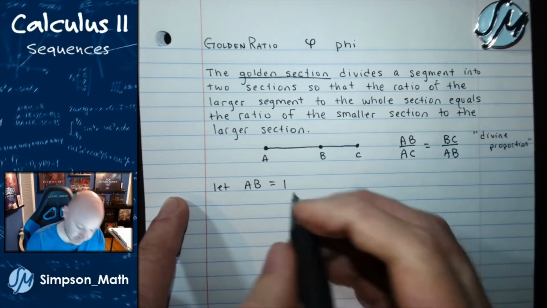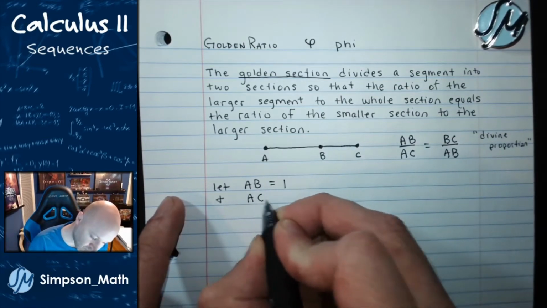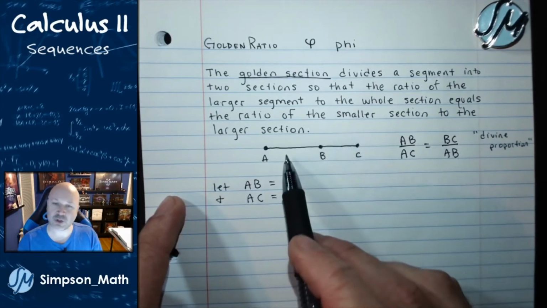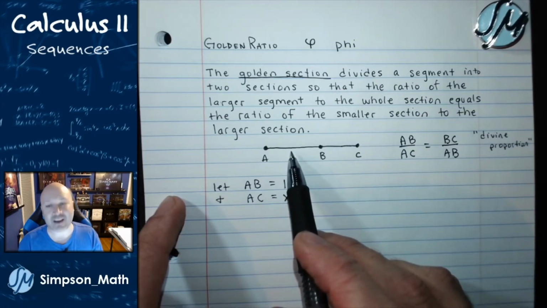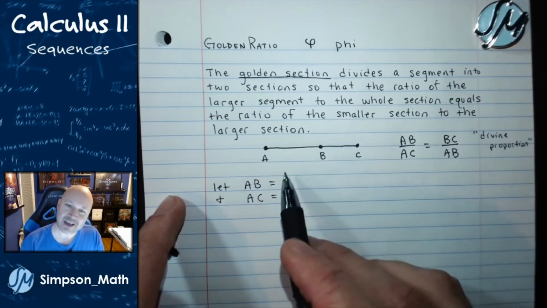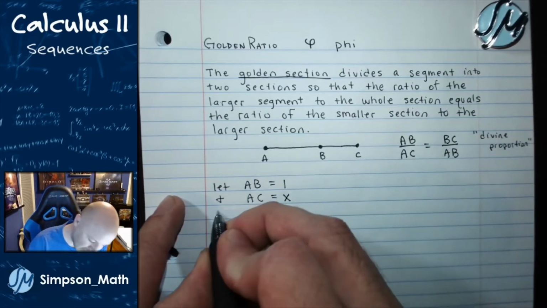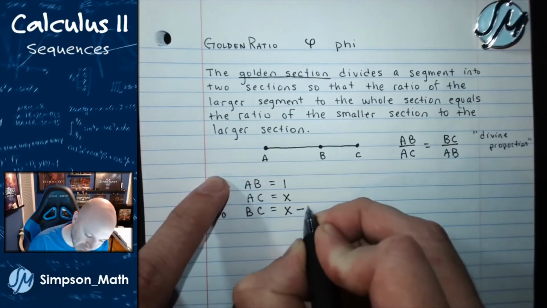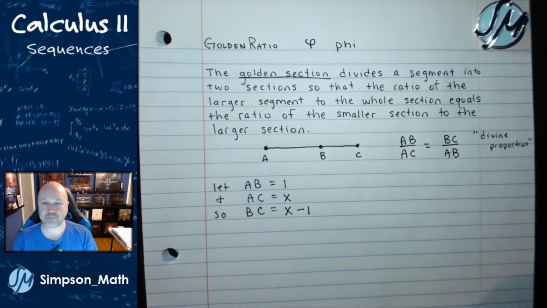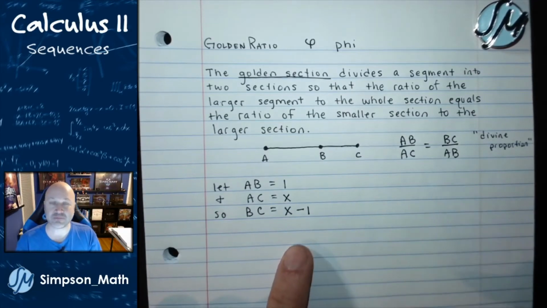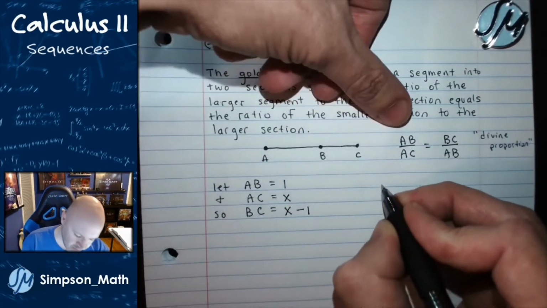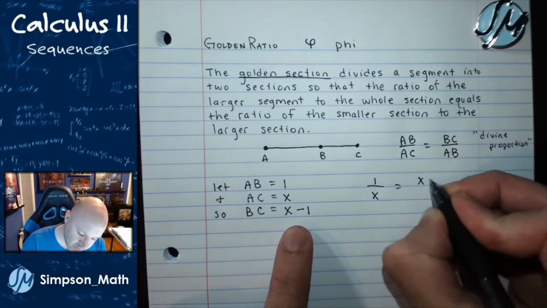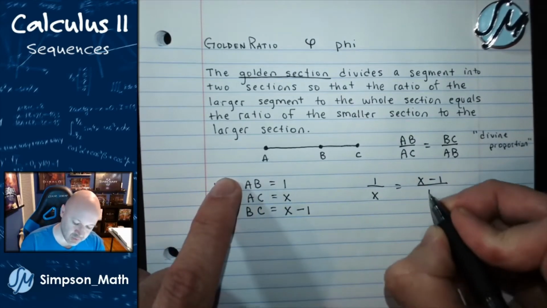I'll let that be X. Well, if the entire thing is X, and the larger piece is AB, then I can find the smaller piece by subtracting AB from AC. So I claim I know then that BC would be the whole thing, X minus the larger thing, 1. And I can set up this proportion. 1 is to the whole X as the smaller piece, X minus 1, is to the larger piece, 1.